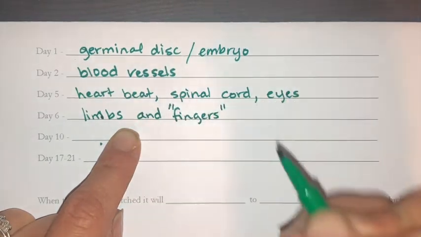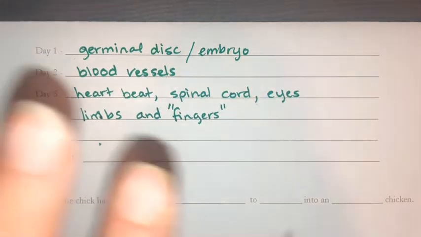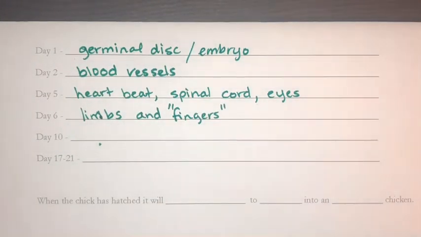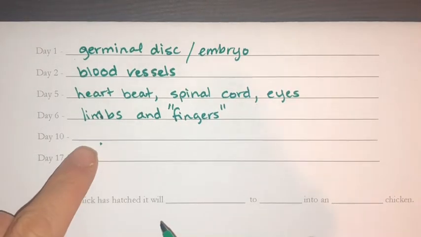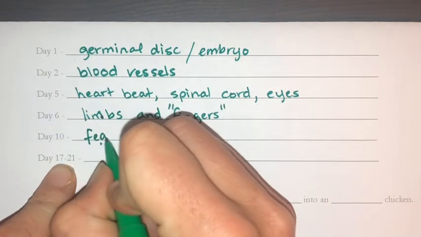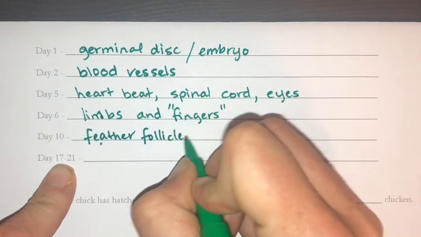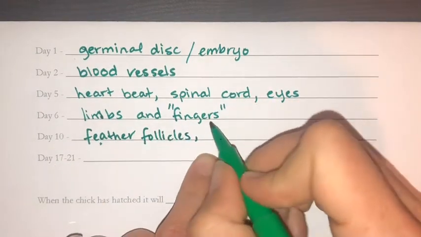Now you're going, Mrs. Carvalho, are you crazy? Chickens don't have fingers. And they don't, but they have little separations of bones that look like sort of phalanges or little fingers that are part of both the wings and the feet. By day 10, their body is covered in what we call feather follicles, which are the places where the feathers are going to grow.